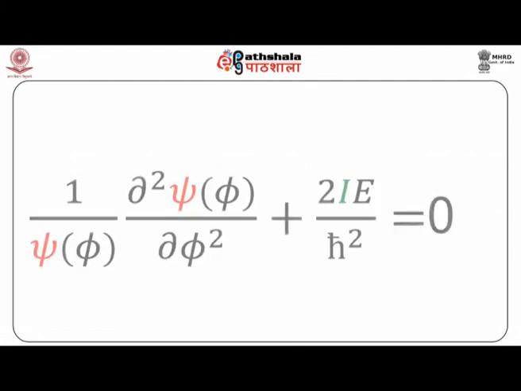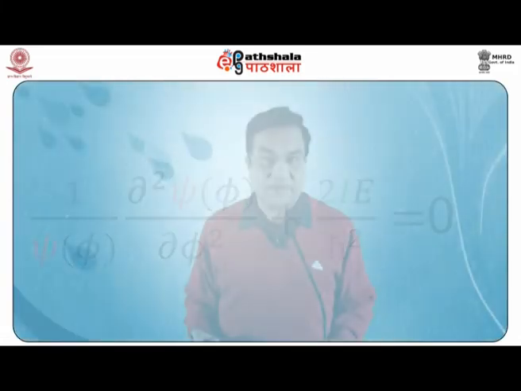If we take both expressions to the same side, it becomes positive, and the ultimate equation which you get here will be similar to the phi equation which we got earlier in the case of a rigid rotator.